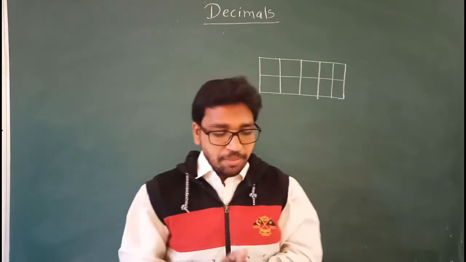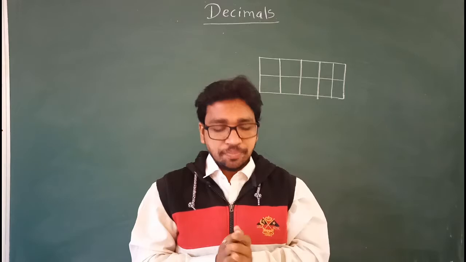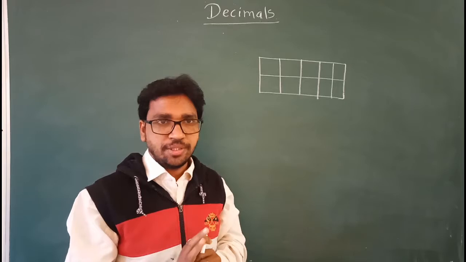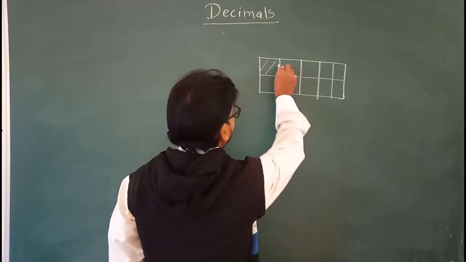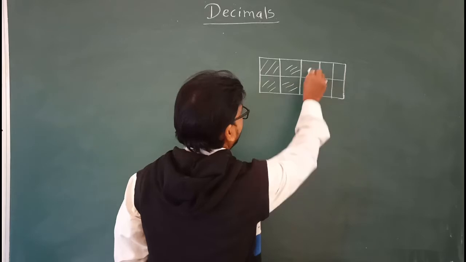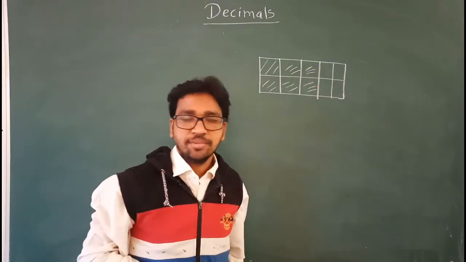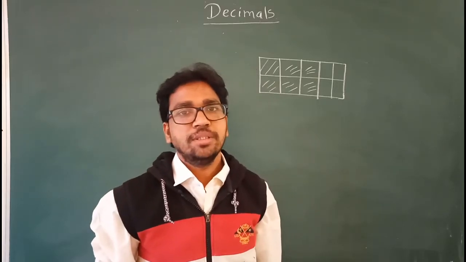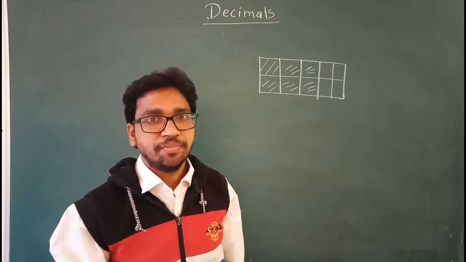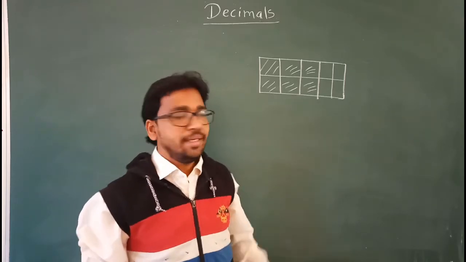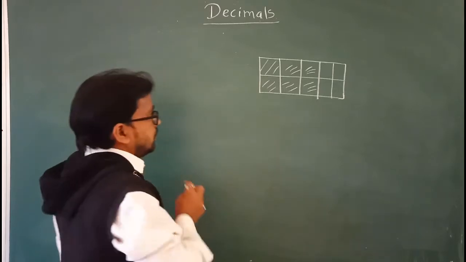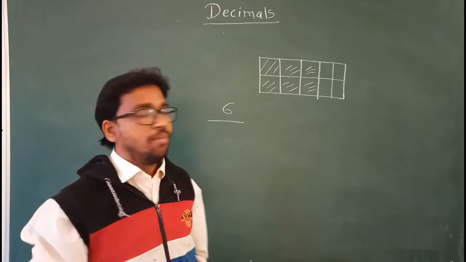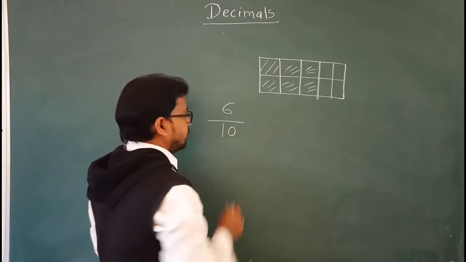Okay. Now what is meant by decimal? Decimal means suppose 6 equal parts I ate: 1 2 3 4 5 and 6, right? Just before the lesson decimal started, we saw the lesson fraction, right? So in fraction, 6 parts I ate from these 10 equal parts.